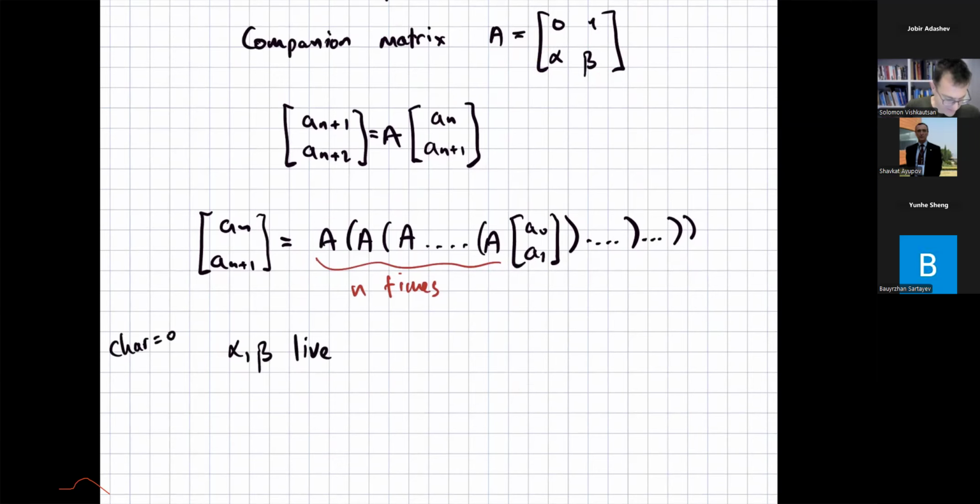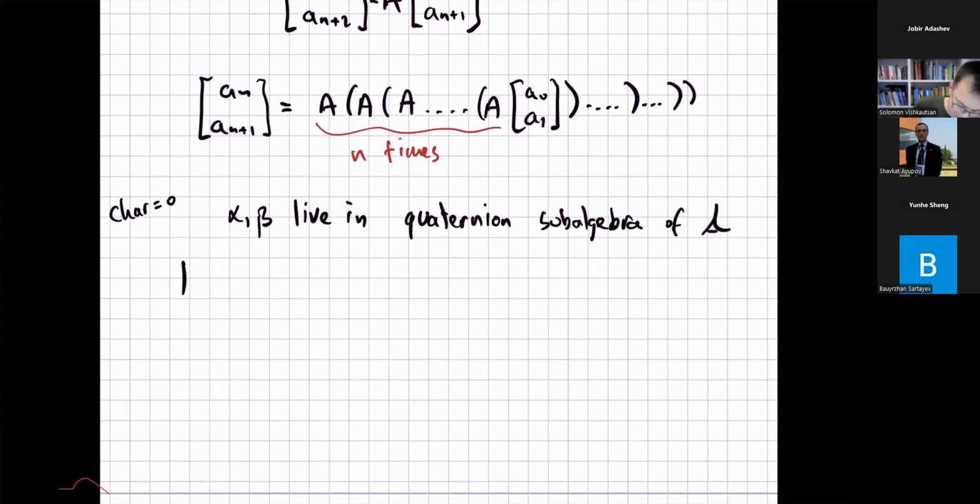So they live in some quaternion subalgebra of the Octonion algebra.